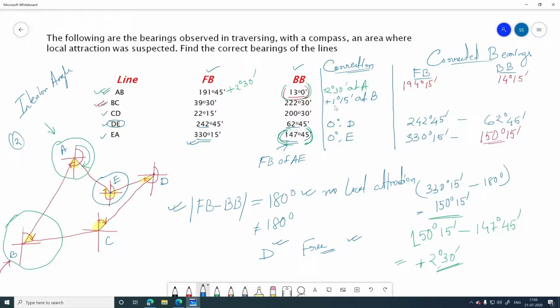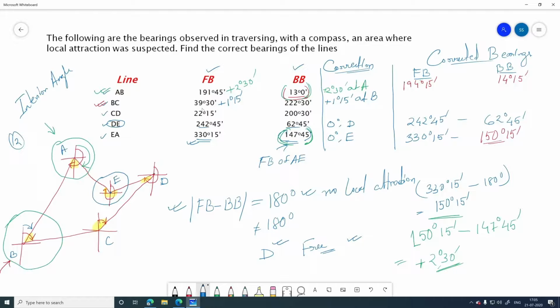So this particular 1 degree 15 minutes will be added with this forebearing of BC, because you can see initially we considered this particular angle, the forebearing of BC, 39 degree 30 minutes, but as we get the correction at point B, that is 1 degree 15 minutes, that is why we will add the value 1 degree 15 minutes at this point B. Okay, so what will be the corrected value of the forebearing of BC?